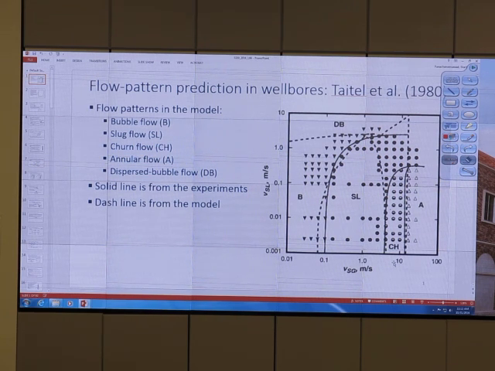So with VTB and slug frequency, we have closure relationship for slug frequency, right? For slug frequency, we can get the slug period. Slug period with VTB, we can get LU and LS, we can get LF, right? Film length. Okay, and we can estimate the HLS, use equilibrium closure relationship to get hold up in the slug body.